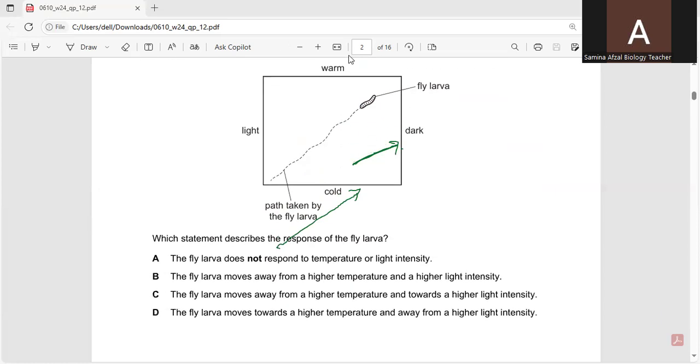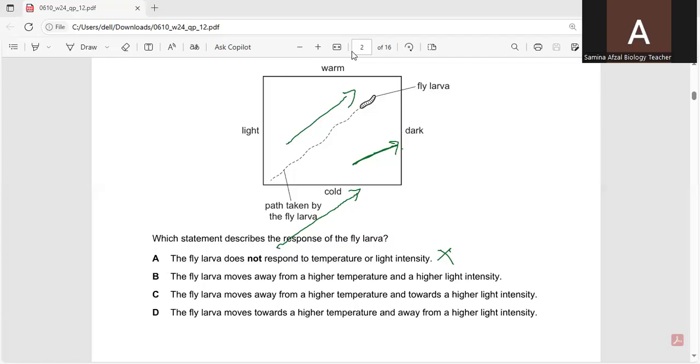So the options are there. The direction of movement is this. The option saying the fly larva does not respond to temperature or light intensity is totally wrong because it is responding. It is moving away from the light, towards the region where there is warmth and less light intensity.